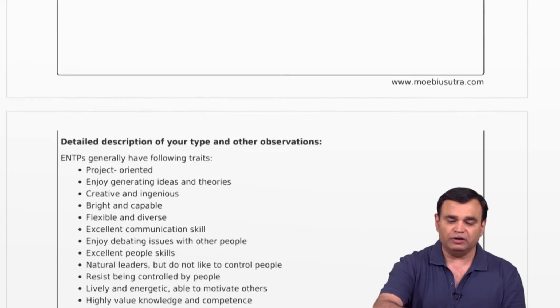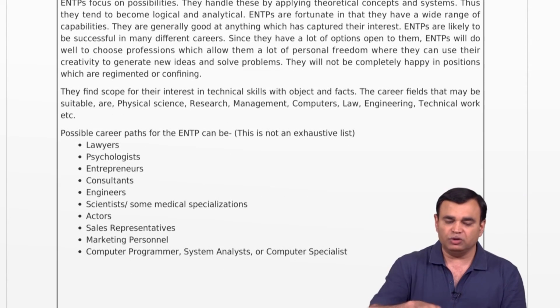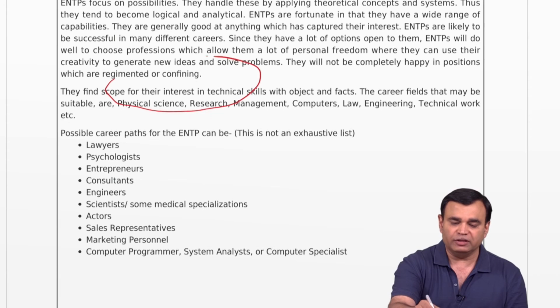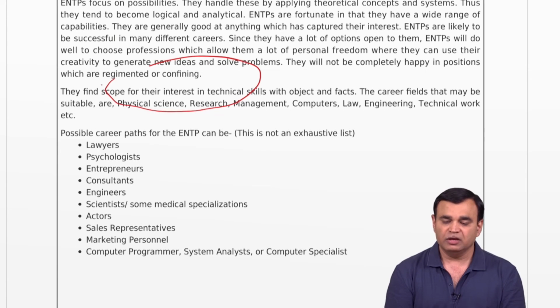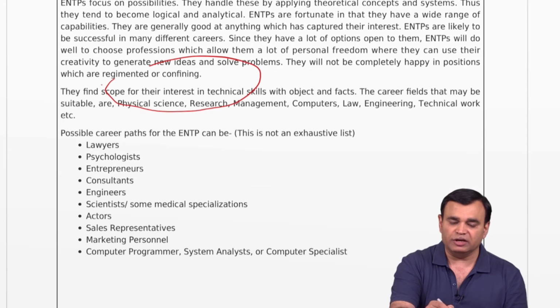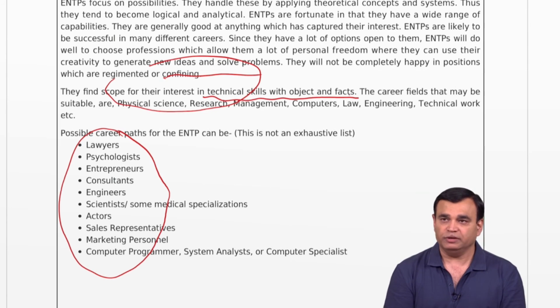And similarly, when you look at the careers that you will enjoy, here you will see the interest in technical skills with objects and facts is one type of result that we are taking in an exemplary manner. And so based on this, the careers which do justice to this basic underlying philosophy of technical skills with objects and facts is something that you see.